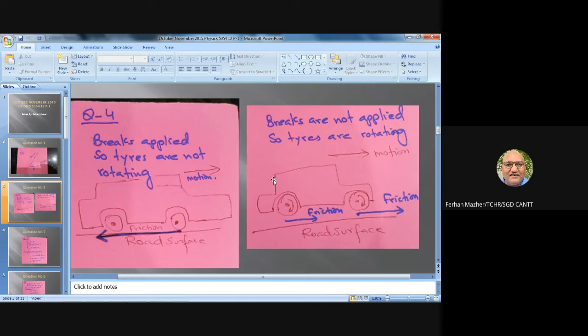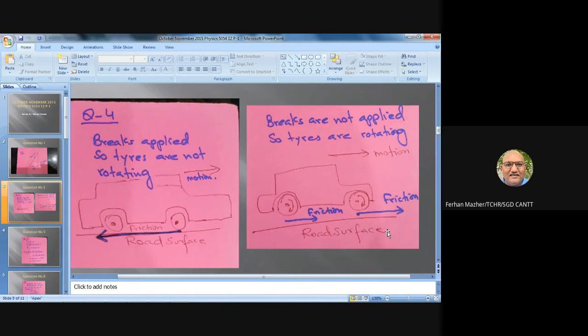This is another thing which is not asked here, but to explain you, I have just made this diagram. For example, when the brakes are not applied, the tires will be rotating. If the car is going towards the right, the tires will be rotating in the clockwise direction. It's very important to understand that when the tires are rotating, the brakes are not applied, and the friction between the tire and the road will be in the forward direction.